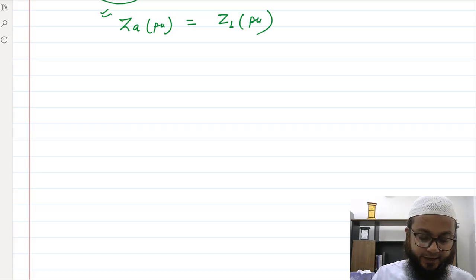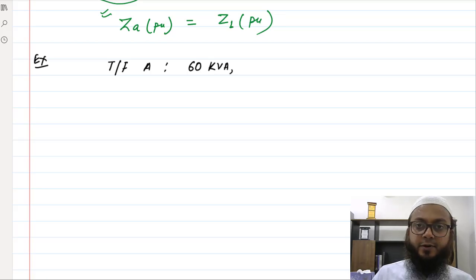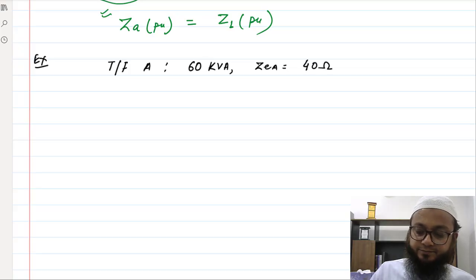Consider an example where there are two transformers. Transformer A, whose apparent power rating is, let's say, 60 kVA, and its equivalent impedance is, let's say, 40 ohms.